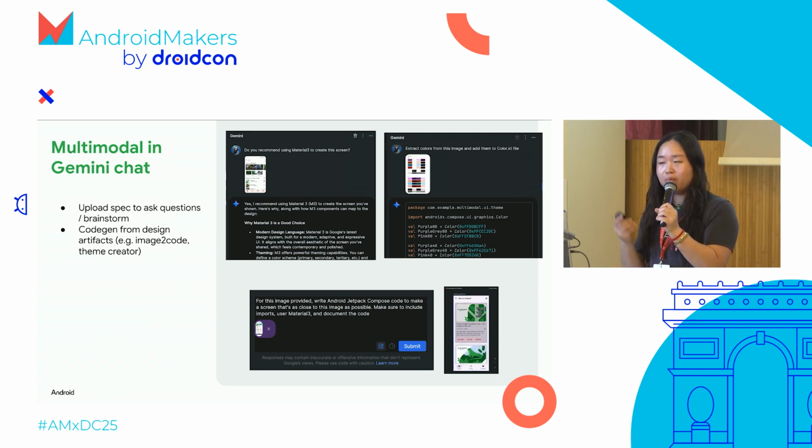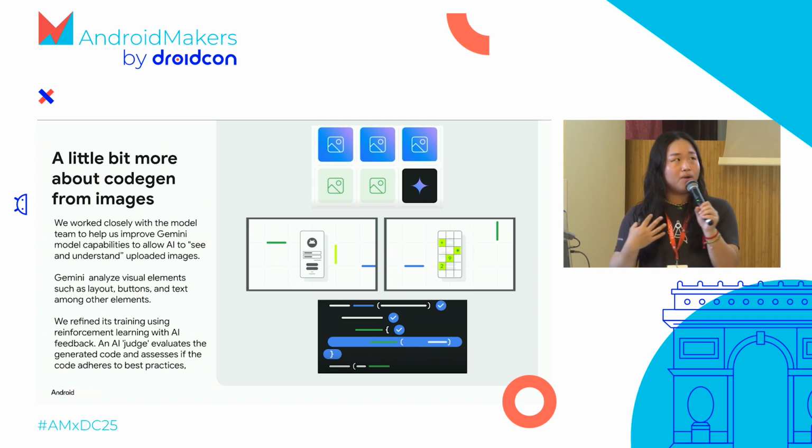And so just a little bit more about that use case. We have been working really closely with our model team to help improve Gemini's model capabilities, specifically for Gemini to understand Android app layouts. So understand what's a Material button, what's a text, among the other elements, so that it can understand, oh, this is actually for Android.